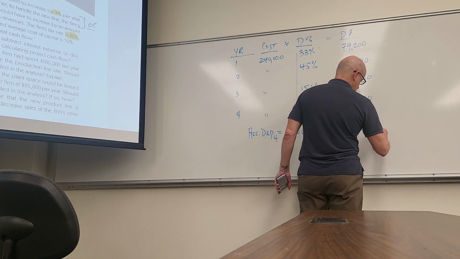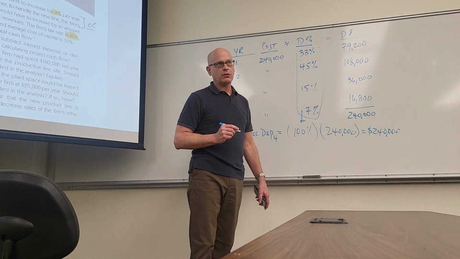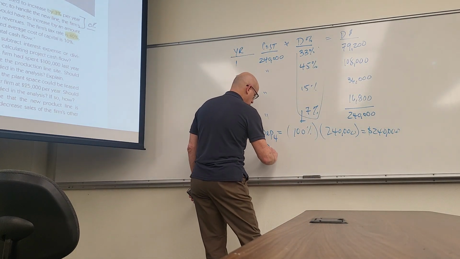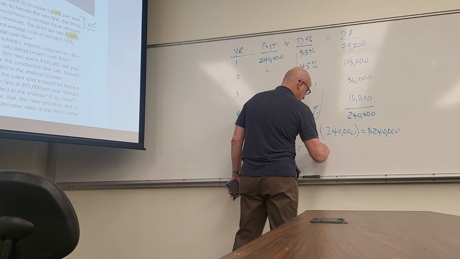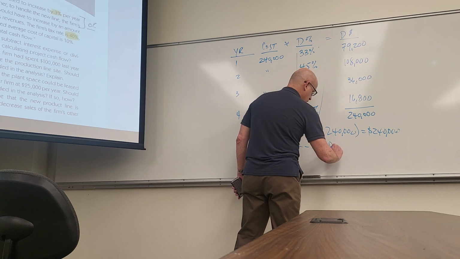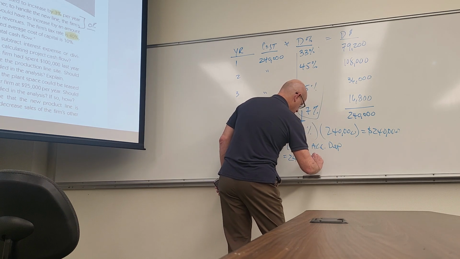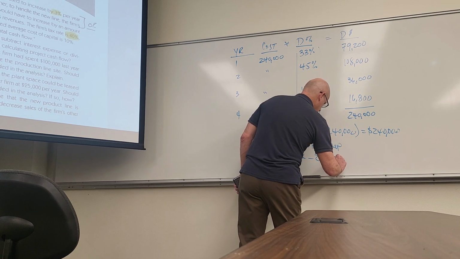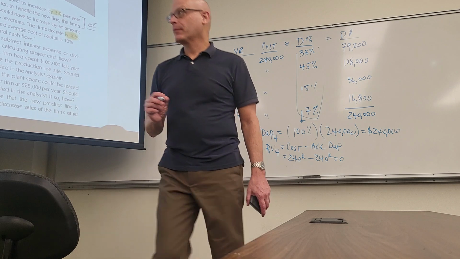So that is 240,000 accumulated depreciation after 4 years. So the book value in year 4 is the cost minus the accumulated depreciation. It's 240 minus 240. It doesn't have any book value. We've completely depreciated it.